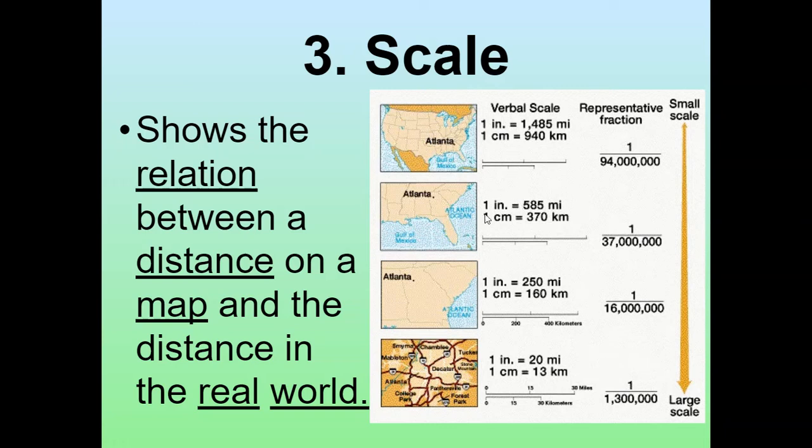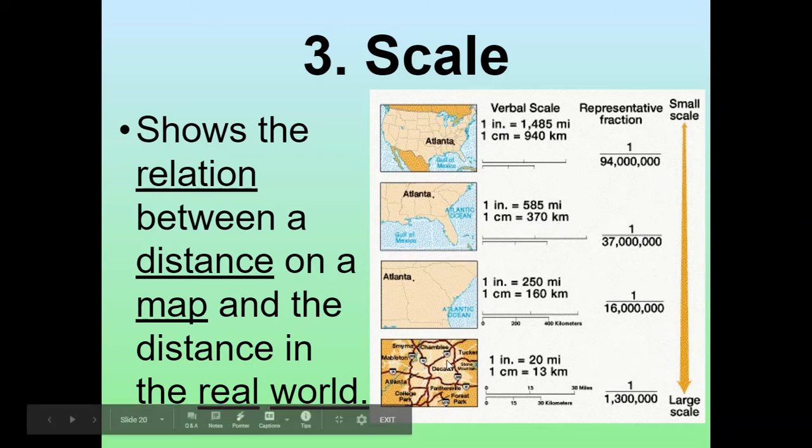Down here, this map is zoomed in a little bit more, so 1 inch is going to equal less distance. It's going to equal 585 miles, or 1 centimeter is going to equal 336 or 370 kilometers, and so on. As we go further down, as we zoom closer, 1 inch represents a shorter distance.